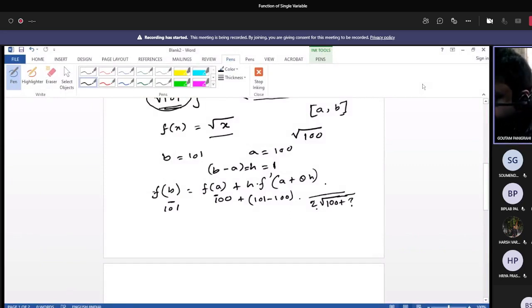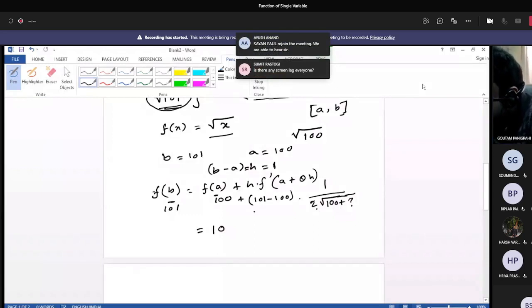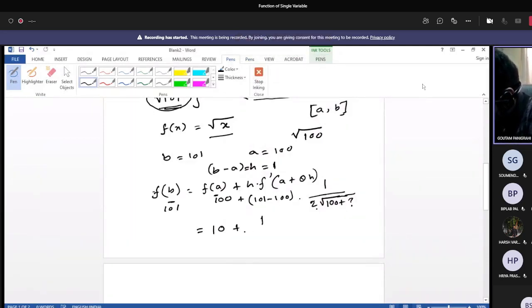Now here, if it is true, then obviously f of a is root of 100, that is 10, and h is 101 minus 100, that is 1. So 1 by 2 root, here 100 plus some value.